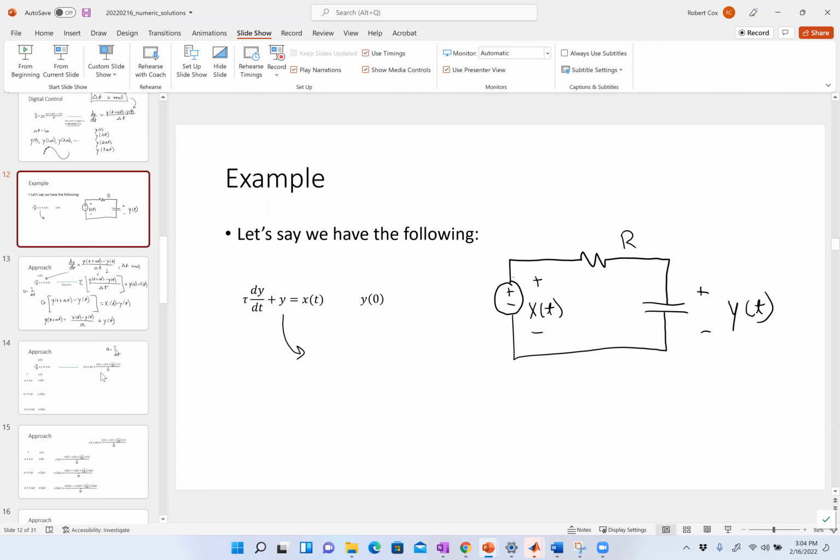X of t, I've kept this very general, but if I gave you this problem right now, what would x of t be? X of t would be a known thing, wouldn't it? Like x of t would be a cosine function, or a step or whatever. And what thing do you always also have to know to be able to solve any differential equation? An initial value, okay?